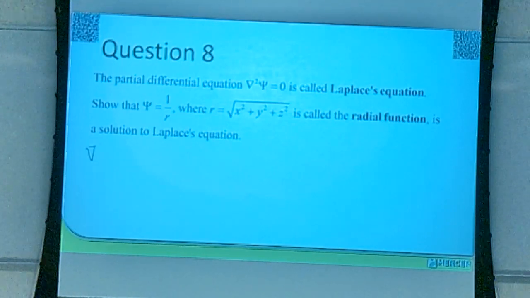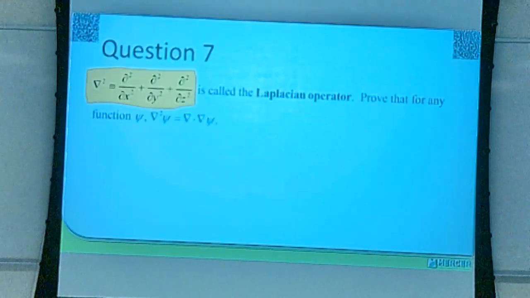By the way, this is called a partial differential equation. We want to show that del squared of 1 over r is equal to 0. I'm also going to use this result, that it's the divergence of the gradient field.